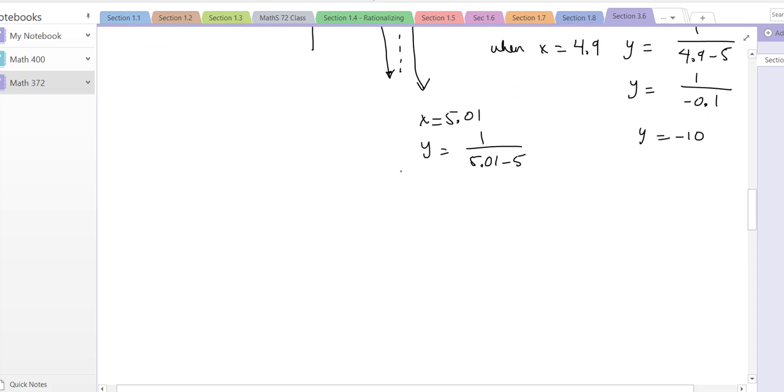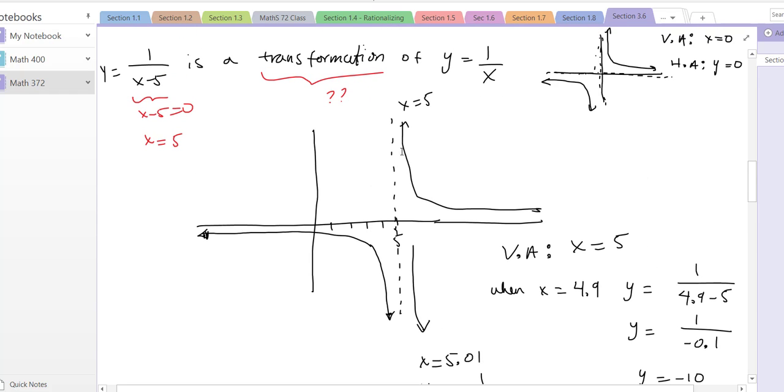So this is y equals 1 over 0.01, and you can think of 0.01 as 1 over 100, so 1 over that is 100. And so that is going to positive infinity. So that fits the criteria for a vertical asymptote.